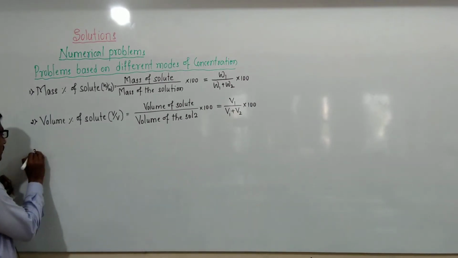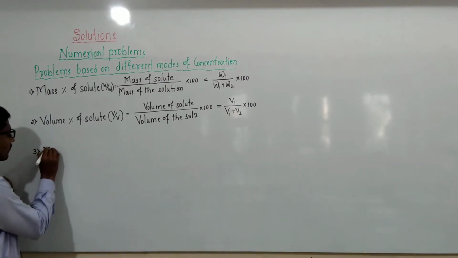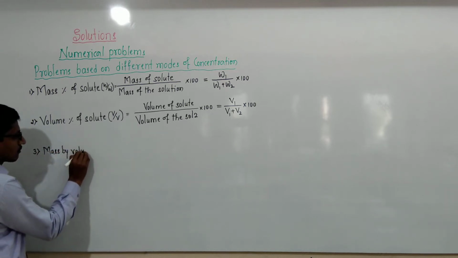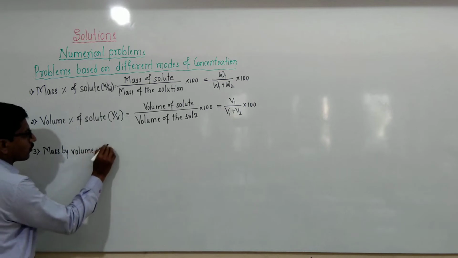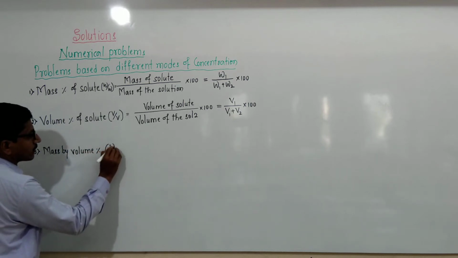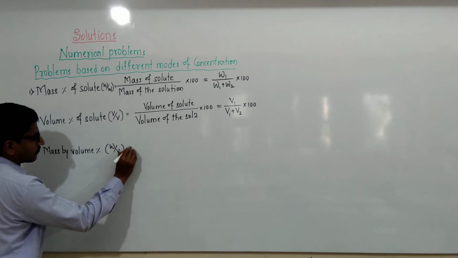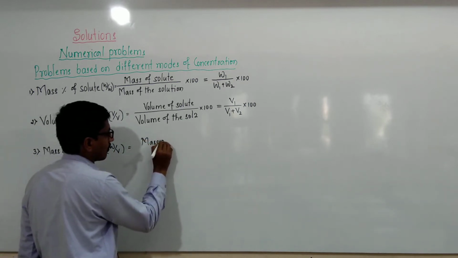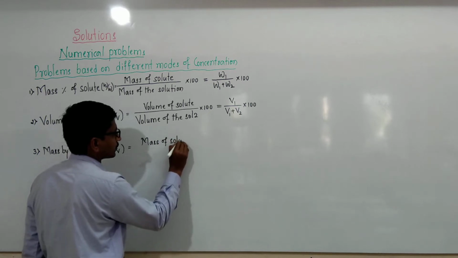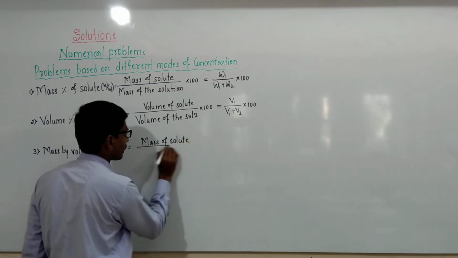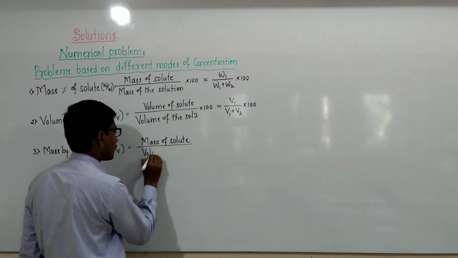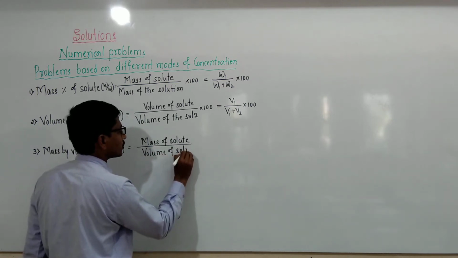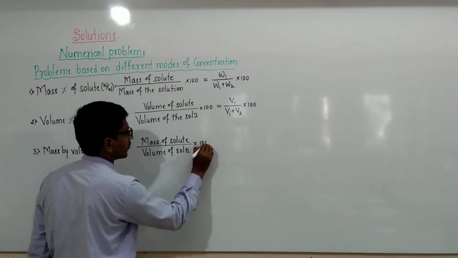Then third one is mass by volume percentage. Mass by volume percentage, it is W by V. This is the mass of solute by volume of solvent or solution into 100.